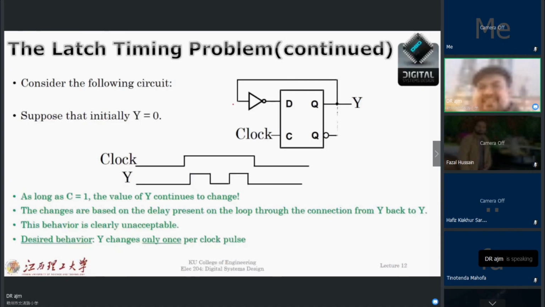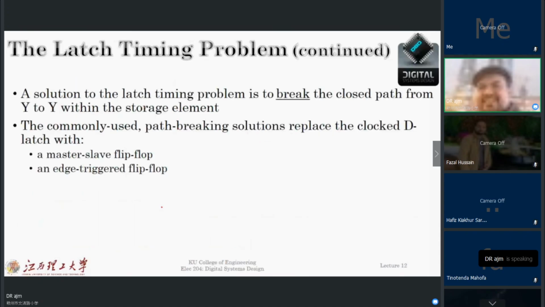To solve the latch timing problem, we can consider the latching part as I show here. As long as C is equal to 1, the value of Y continues to change, and the changes are based on the delay present on the loop through the connection from Y back to Y. The behavior is unacceptable, and to solve this timing problem, a solution is to break the closed path from Y to Y within the storage elements.